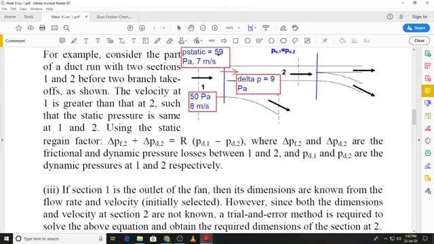There will be a decrease in the pressure due to the frictional pressure drop and any minor losses or dynamic losses during this section of the duct layout or the run, and then we will again end up with a static pressure of 50 pascals.